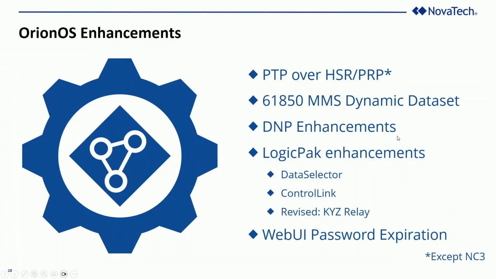Instead of just configuring on the Orion everything or all the points that you need to poll. With the DNP enhancements, we now have a tick box that Brett will show you, basically that we can request the link status. This actually puts us in compliance with the DNP3 standard.